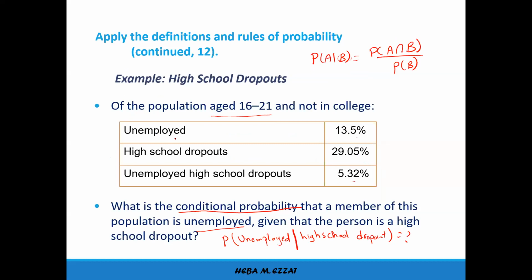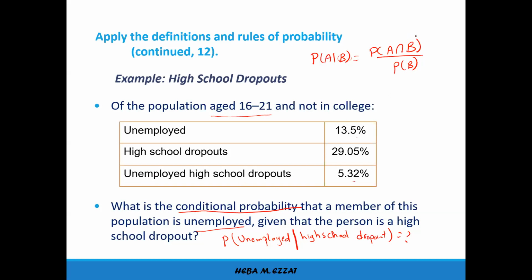The probability of unemployed equals 0.135, and here the probability of D, or high school dropouts, is 0.2905, and the probability that this is considered as the intersection because they are unemployed and high school dropouts.